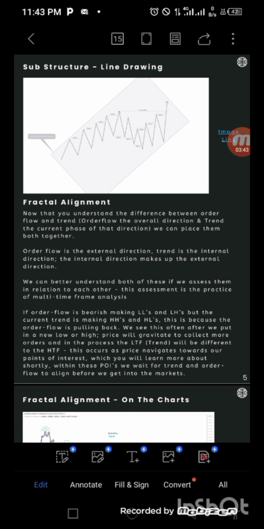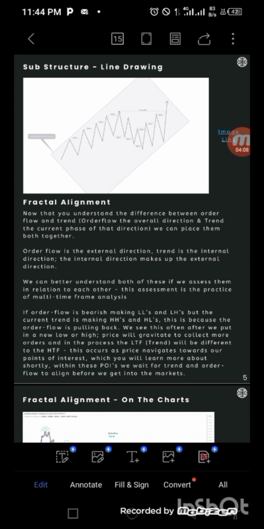Now that you understand the difference between order flow and trend: order flow is the overall direction, and the trend is the current phase of that direction. We can place them both together. Order flow is the external direction. Trend is the internal direction.